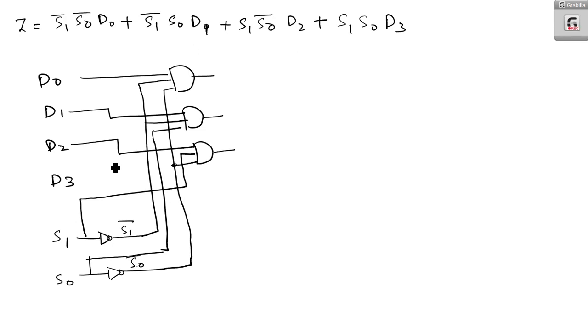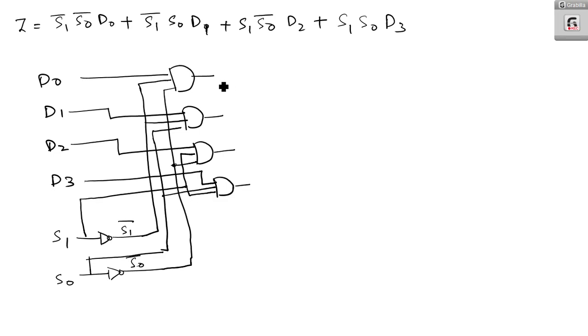Next one is S1 S0 D3. This D3 is coming in here, S1 is here, and S0 is going here.